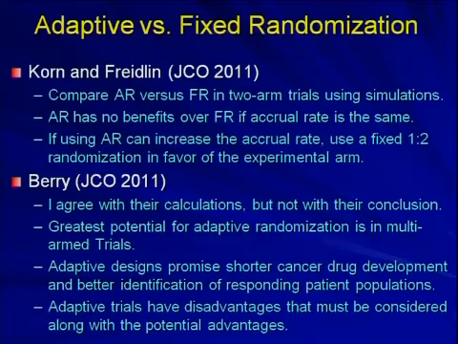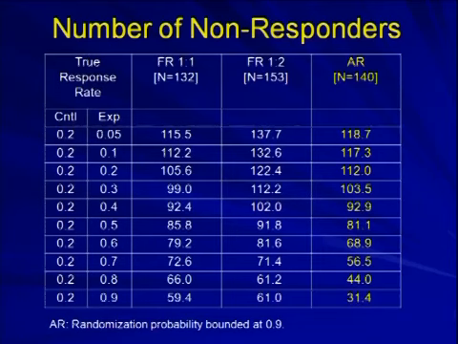But Don's commentary says that he agreed with their calculation but not their conclusions, because the greatest potential of adaptive randomization is in multi-arm trials, and adaptive design can still be very appealing from other points of view. But numerically, this is what happened.